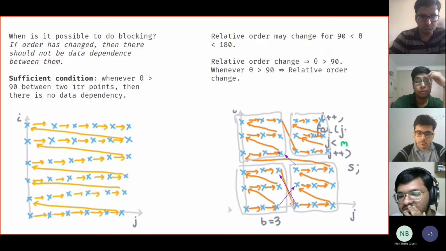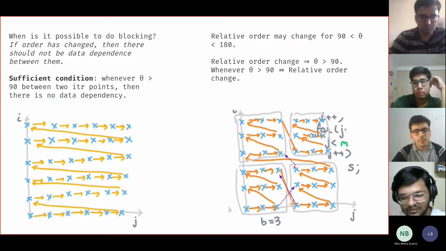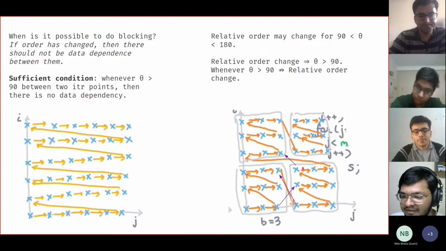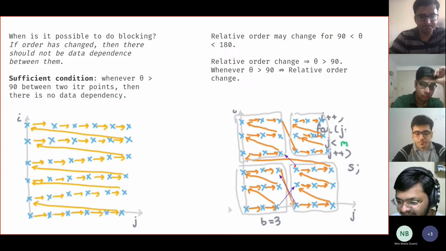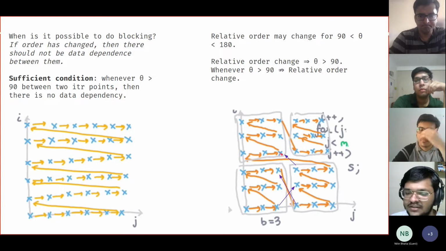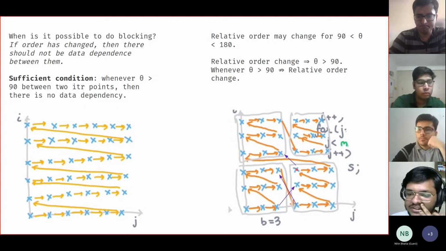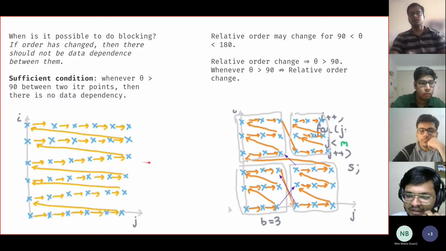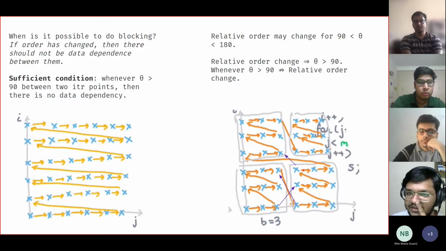But sometimes this execution order doesn't change. For the left corner point of the second block and this corner point of the third block, the angle between them is greater than 90, but the execution order between them is not changing before doing blocking and after doing blocking.